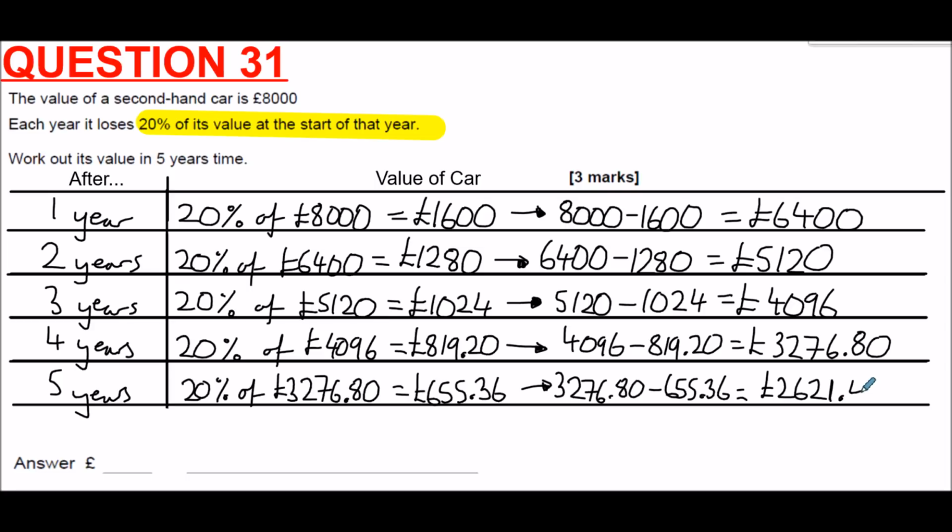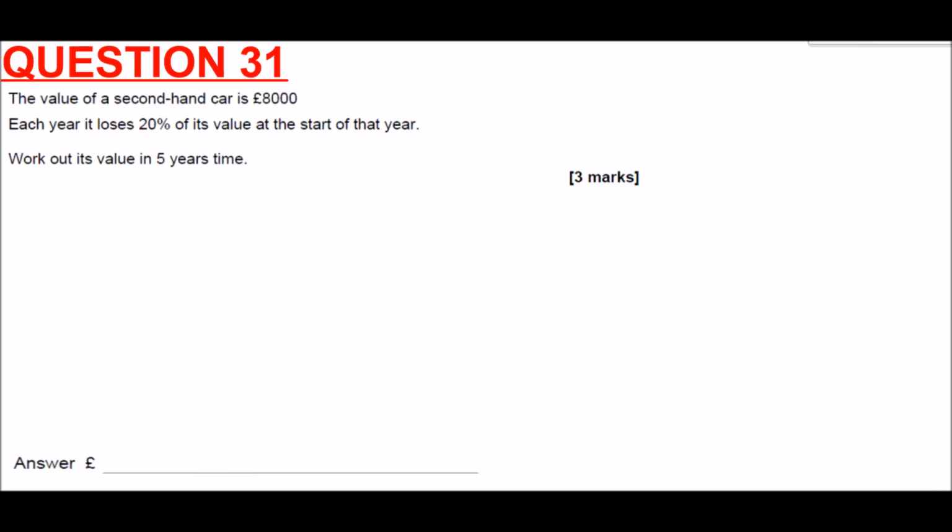That's our final answer. But I did mention I've got another way which is slightly quicker. I'll say slightly, I mean lots quicker. So another way of thinking about it is we always start off with 100% of a value. If each year it loses 20%, we need to think what percentage of itself would we have.